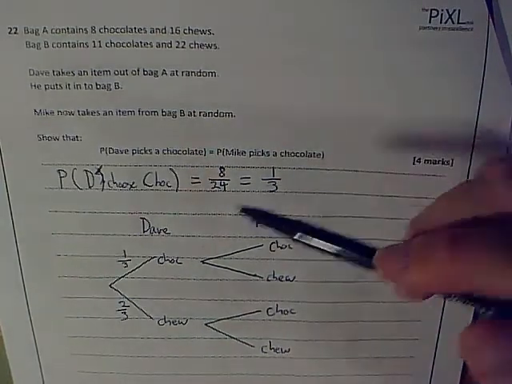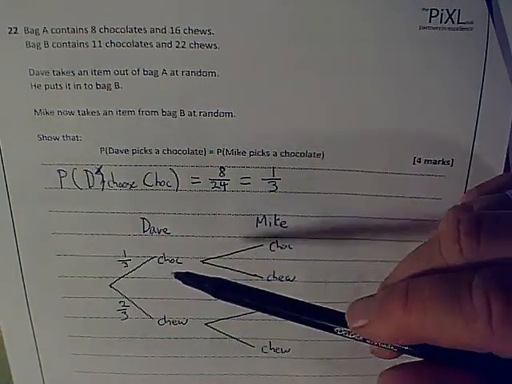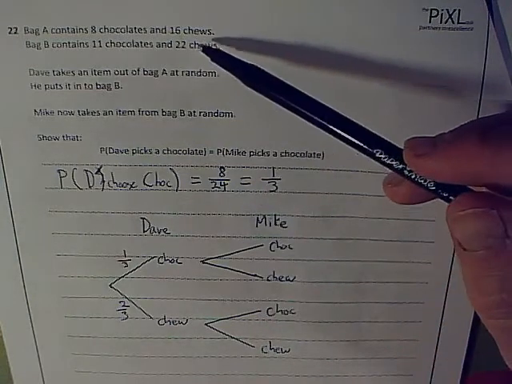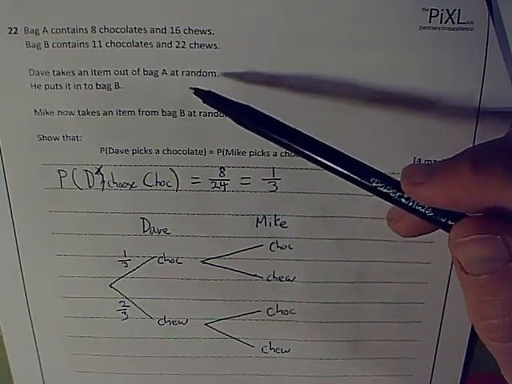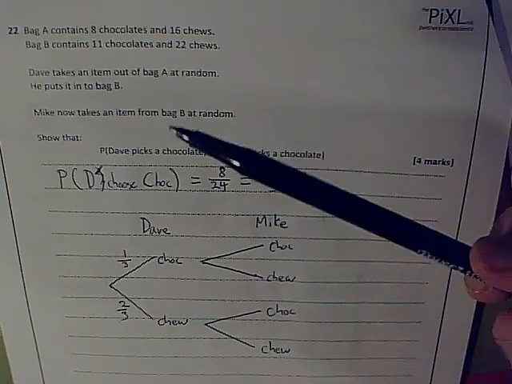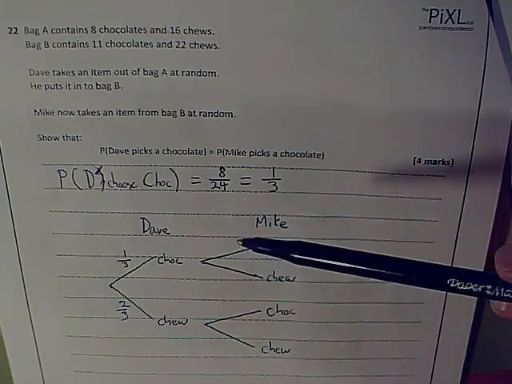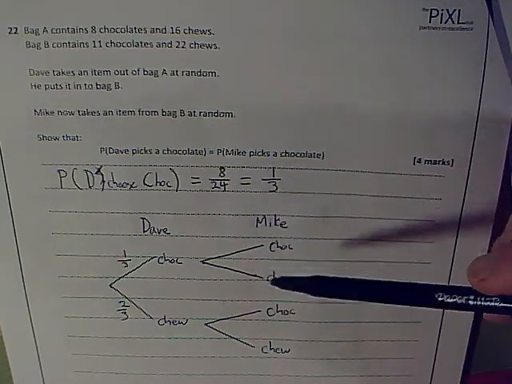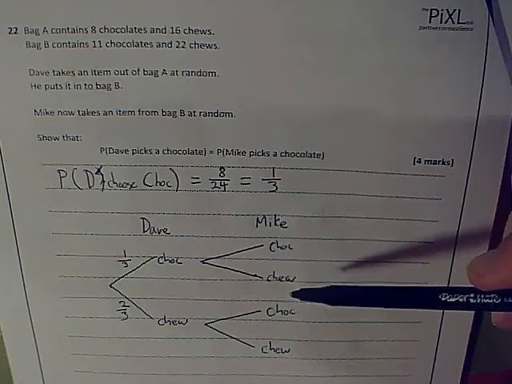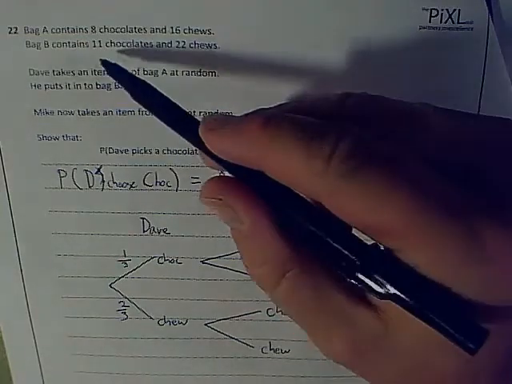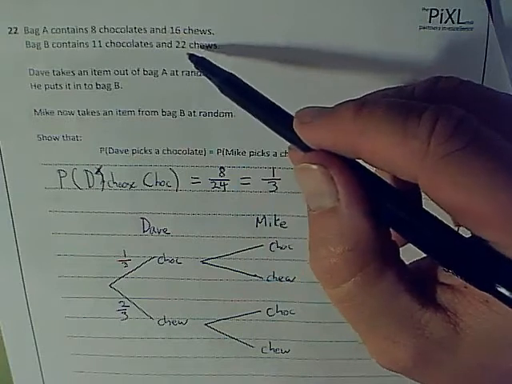Okay. So, if Dave has chosen a chocolate, he then puts that chocolate into bag B. So, what this means is that there's going to be one more thing overall in bag B. So at the moment it looks like there's going to be 33 things.